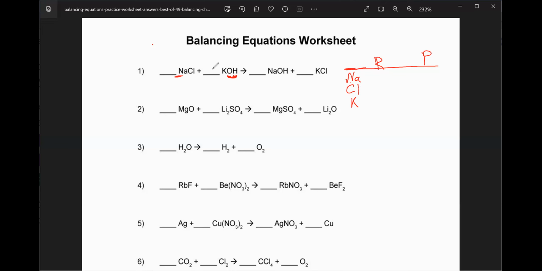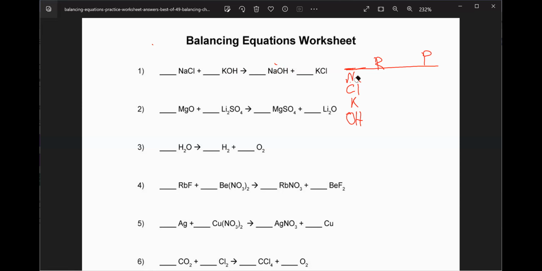If the hydroxide is still hydroxide, I will use it as hydroxide. If the hydroxide decomposes into other elements, then I will use oxygen and hydrogen. But it's still hydroxide and hydroxide, so it's easier for me to keep it the same. Okay?